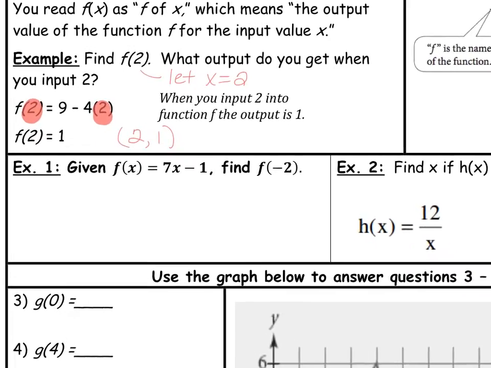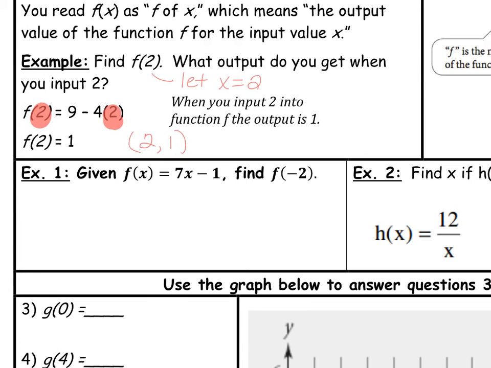So let's take a look at example number 1. We have the function f of x equals 7x minus 1. We need to find f of negative 2. So all that means is wherever we see x, we're going to plug in negative 2. So we're looking for f of negative 2.